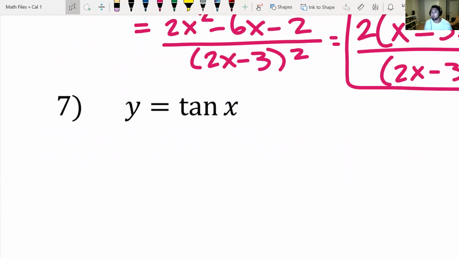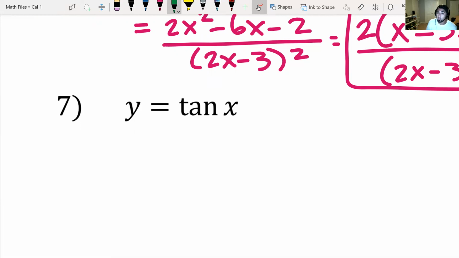Next is the derivative of tangent. Well, if we're using quotient rule, this means we should rewrite tangent as its quotient identity. Now you see where trig identities are coming back to haunt you. So that's why we should never forget them, especially when you get to Cal 2.